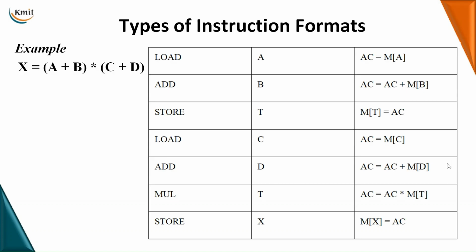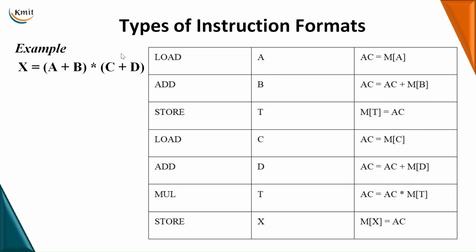So, let's see an example of one address instructions. Take the expression (A + B) * (C + D). In a one address instruction, one operand is specified in the address part of the instruction, and the other operand is implicitly the accumulator.